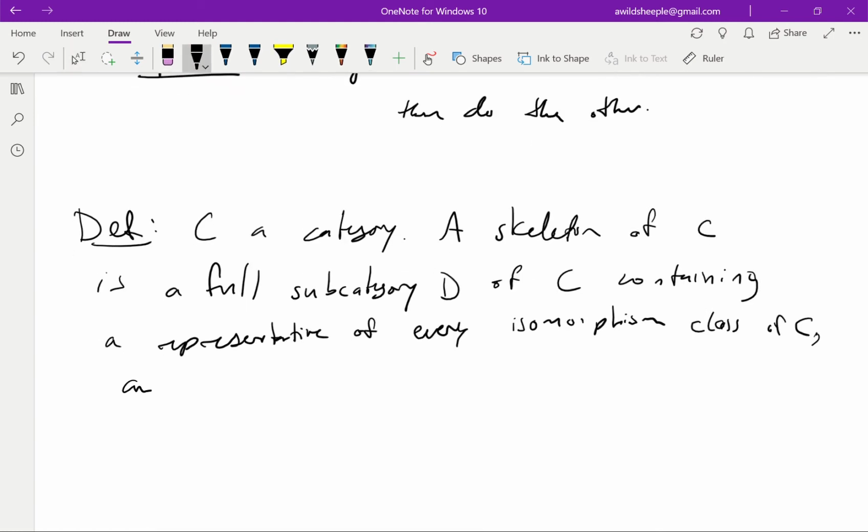And, oh, this is important, no two distinct objects of D are isomorphic. So in other words, one and only one representative.